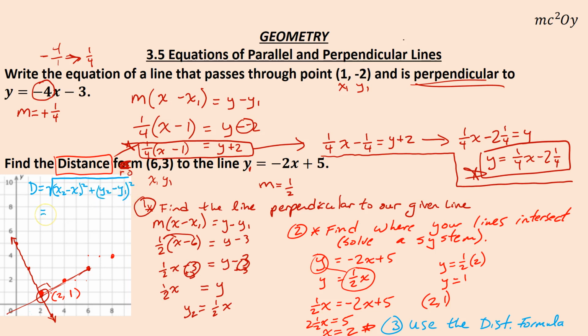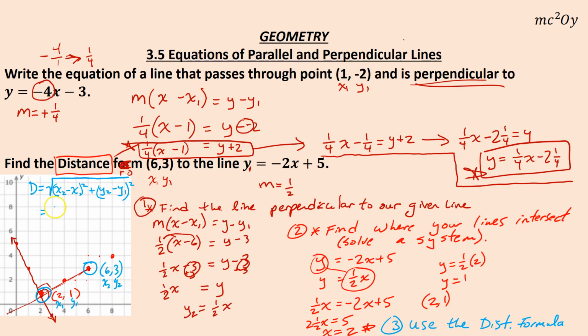So I'm finding the distance from this point to this point. Remember, it's my perpendicular distance. So I'm going from the ordered pair (6, 3) to the ordered pair (2, 1). If I just label these, call this x1, y1, and x2, y2.